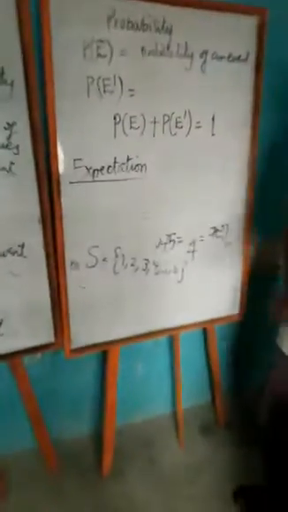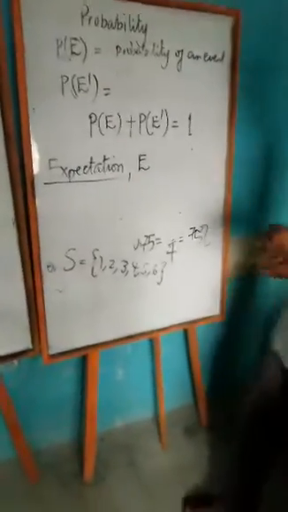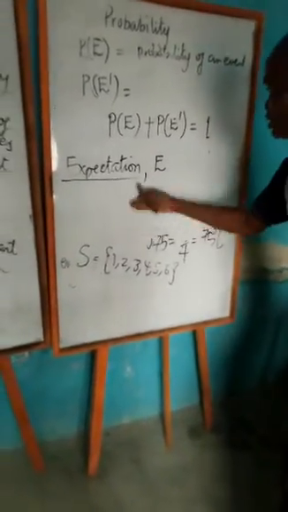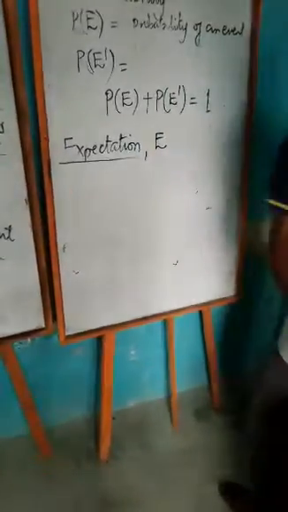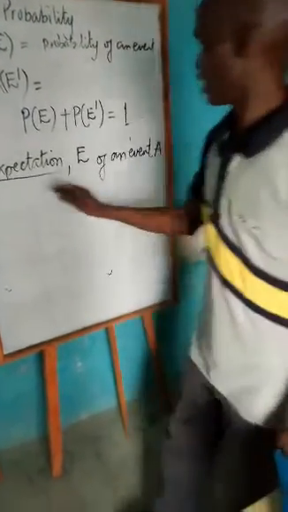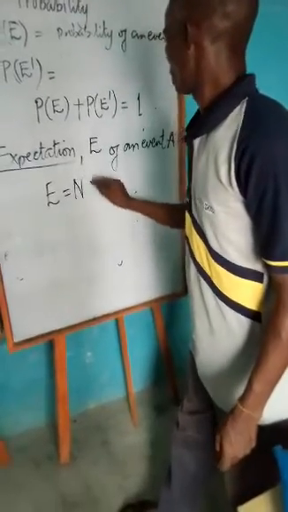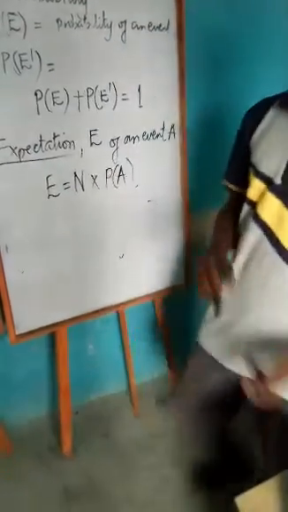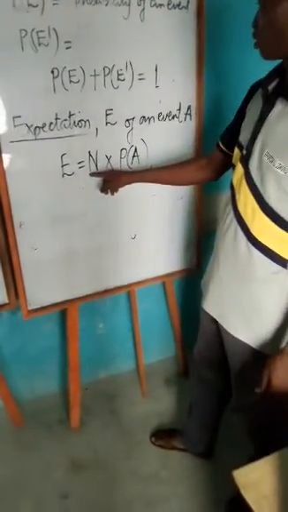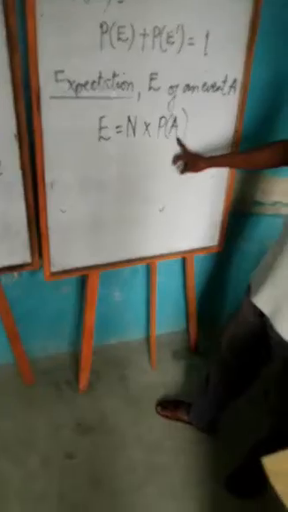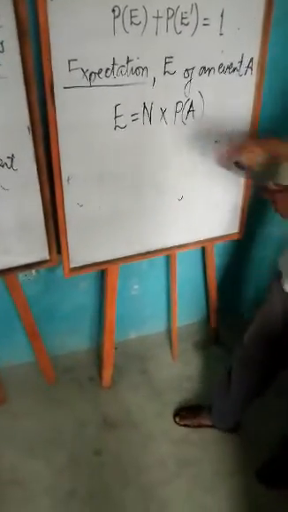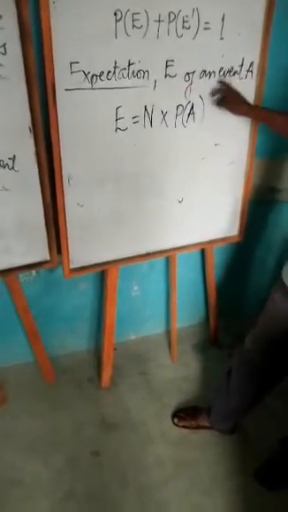The expectation of an event A is defined as the product, E equals n times probability of A. So that is the expectation E of an event. So in the next class, we will look at some examples. Thank you.